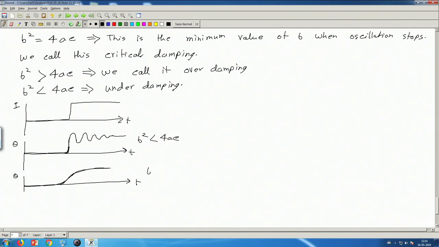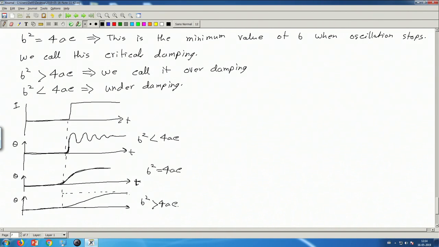This is the condition for b square equal to 4ac. If we increase b further, it will reach the final value again without any oscillation, but it will now take longer time. So this is the condition for b square greater than 4ac.